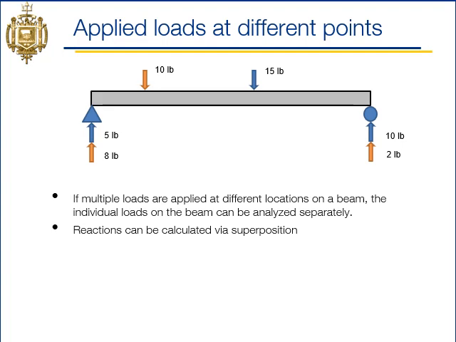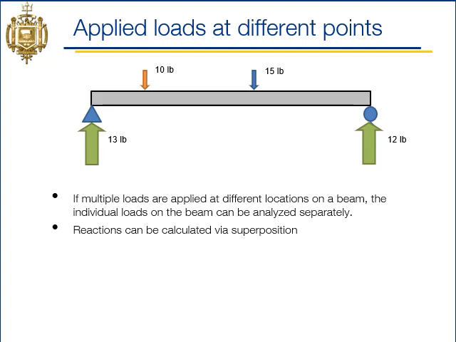All right, so since our reactions are at the same place, we can use superposition to add those up, right? So 8 and 5 is 13, and 10 and 2 is 12.